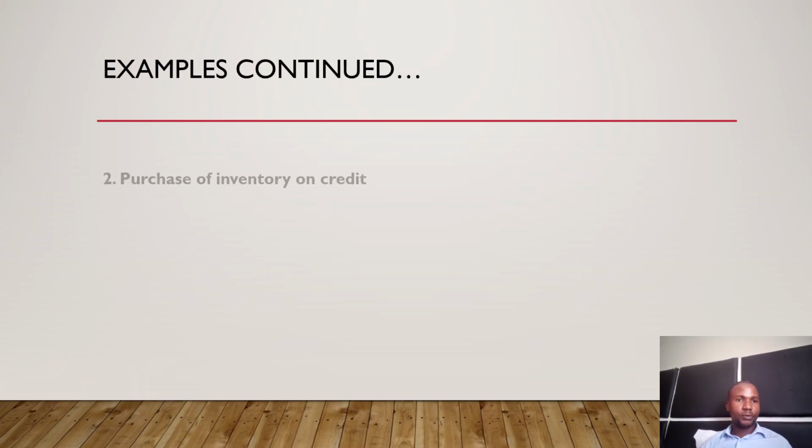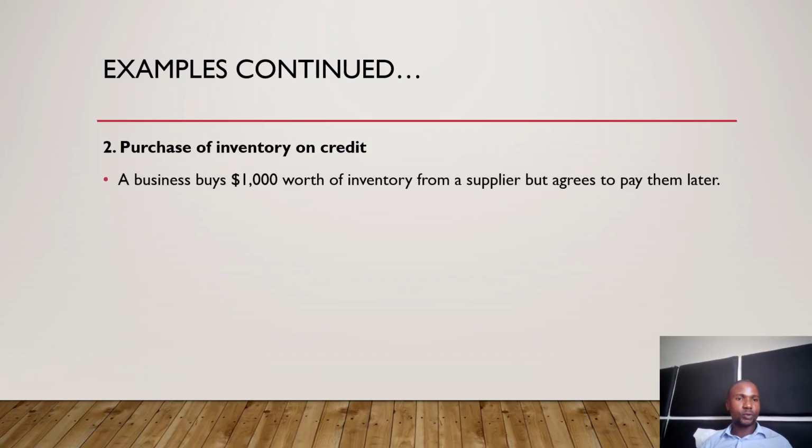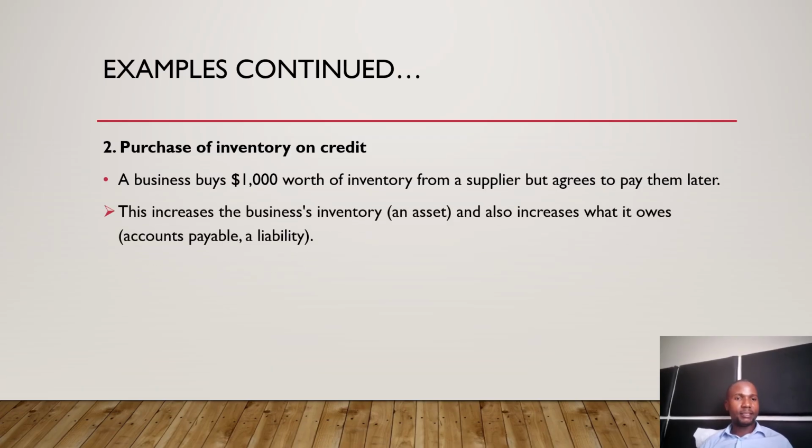Okay, let's continue with our examples. We purchase inventory on credit. A business buys 1,000 worth of inventory from a supplier, but agrees to pay them later. The effect is that it increases the business inventory, which is an asset, and it also increases what it owes to the supplier, which is accounts payable, a liability account.